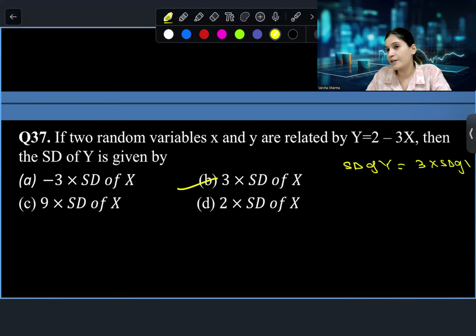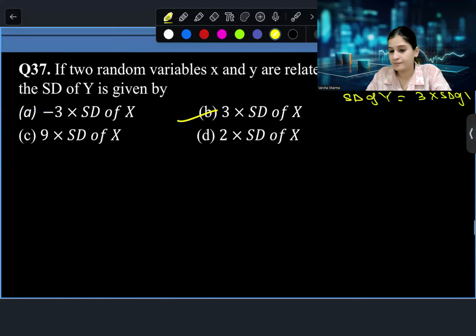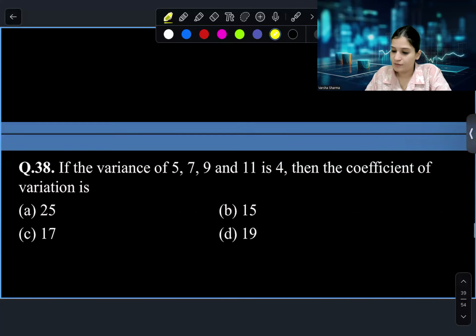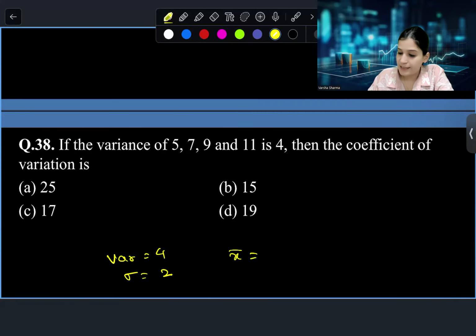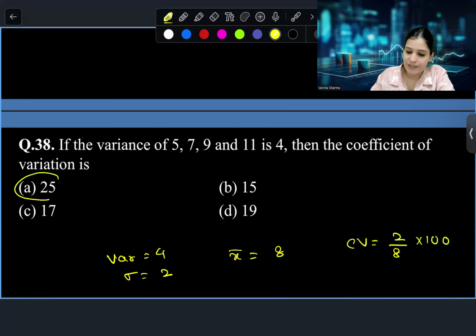It can't be negative, so we cannot have minus 3. First, variance is given. If variance is 4, then standard deviation will be 2. What is mean here? Mean is 8. So CV, standard deviation by mean into 100, is 25.